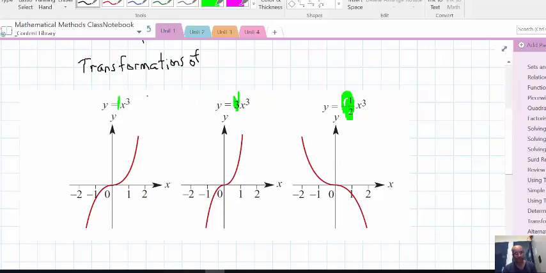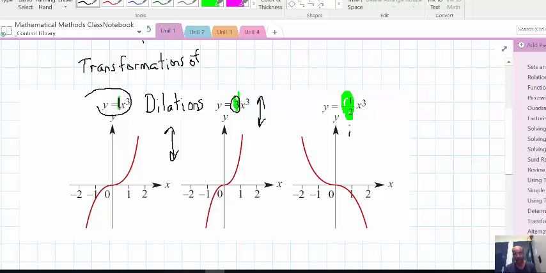The dilation, like with quadratics, is a shape change. So dilation is a vertical stretch. This one is dilated by a factor of 1, which means it'll be the same as x³. This has a vertical dilation by a factor of 3. So it has a vertical stretch by a factor of 3. All the y values are tripled compared to these ones using the same x values.